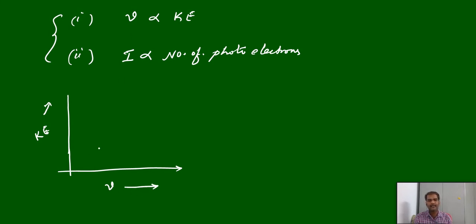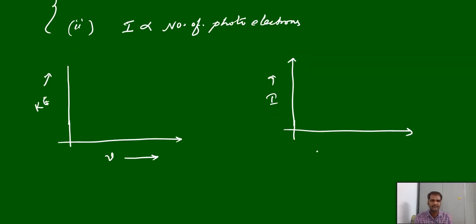We'll get a linear graph, but very, very important, it will not pass through the origin. Let me take one more graph: intensity I versus the number of photoelectrons ejected.